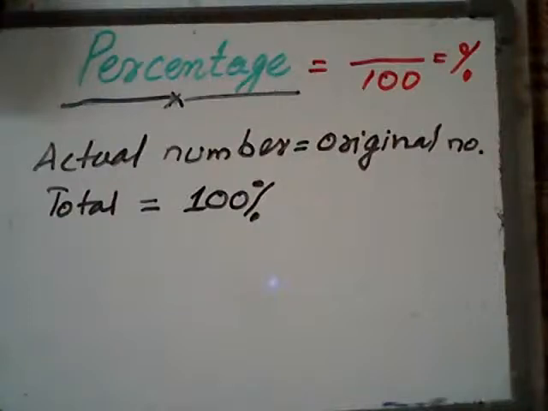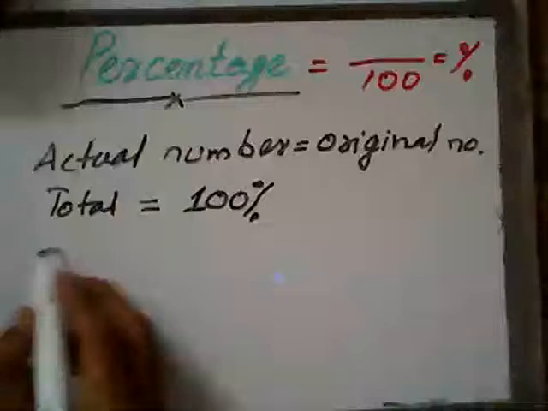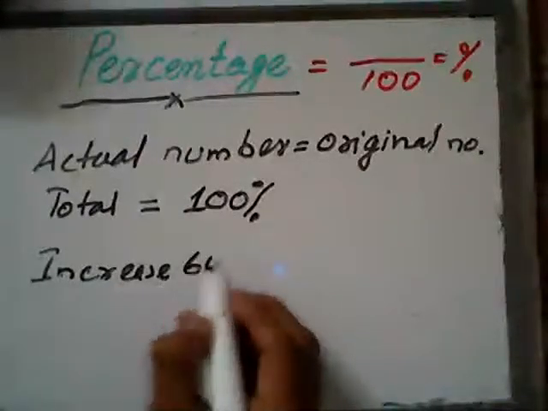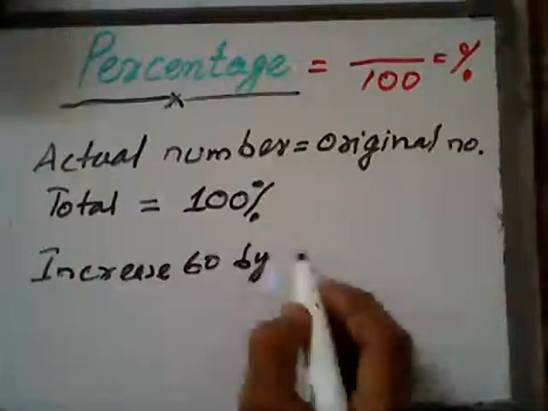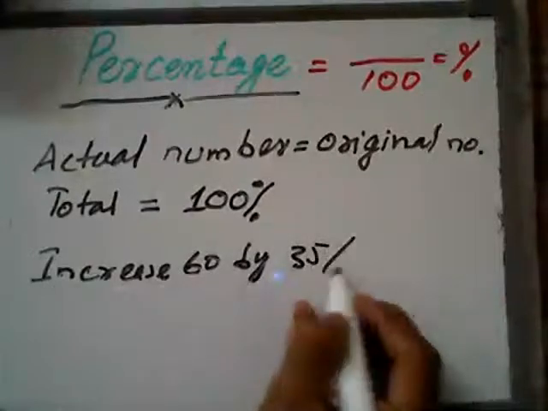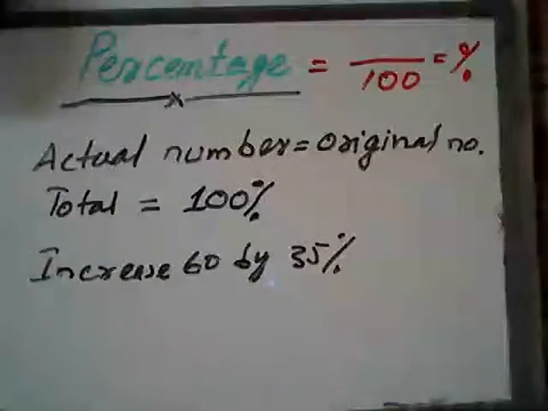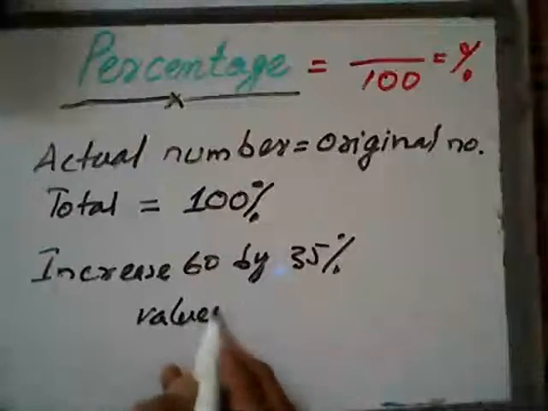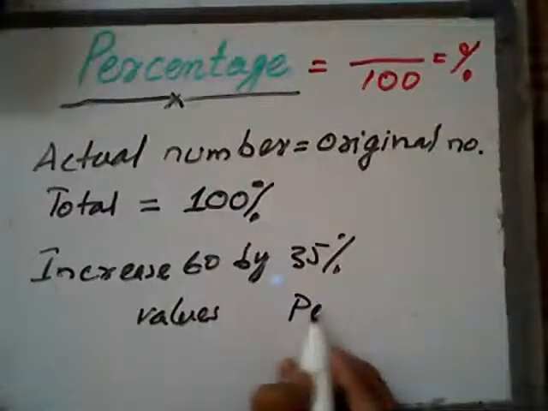Now, if the question says increase 60 by 35%, there is one most important concept about ratio which will come here.